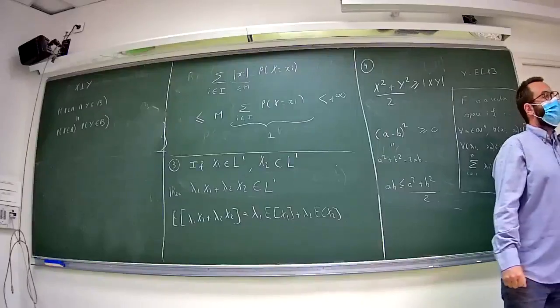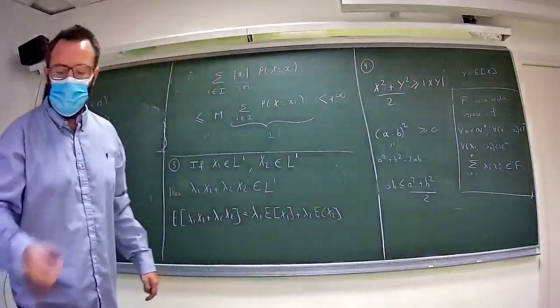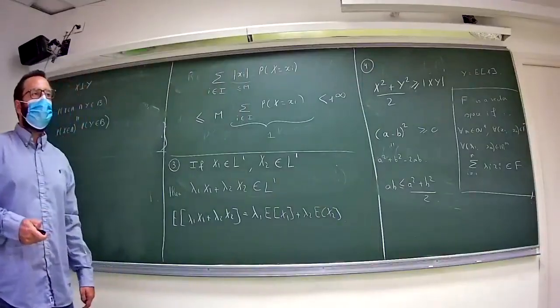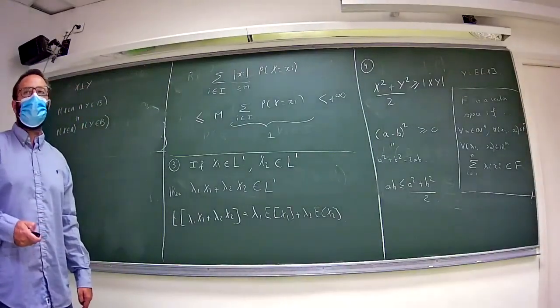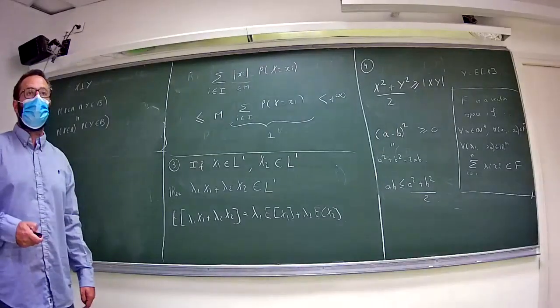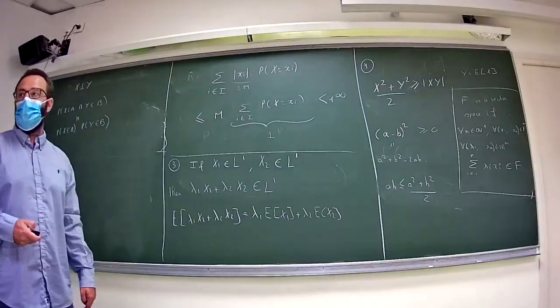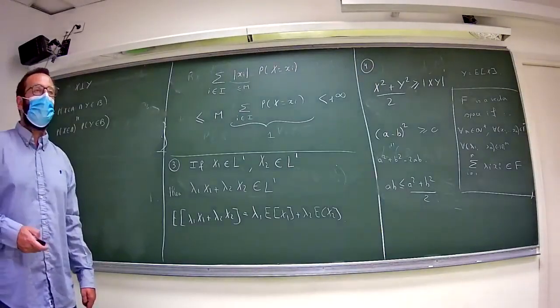In terms of expectation, what happens? I say the following. If the expectation of x is well defined, if the expectation of y is well defined, and if the expectation of the product is well defined, and here it's a real hypothesis with respect to what I have said previously, because they are only in L1, so a priori I don't know that the product is in L1. That's why I impose this condition.